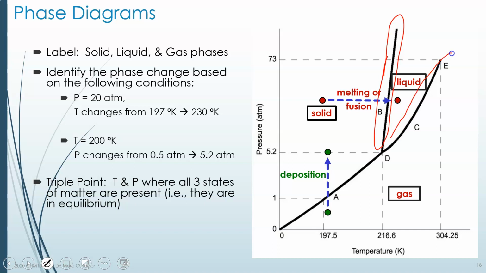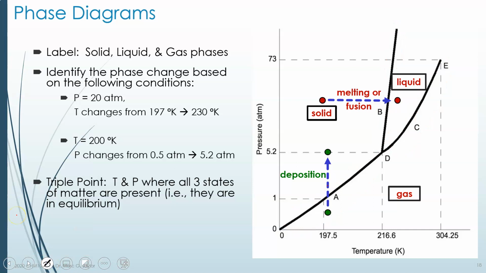If you're over here, you're in a place that can have both the liquid and gas present. In other words, this pressure and this temperature right here corresponds to a state that can have both liquid and gas present. In fact, that would be the boiling point for that particular pressure. Whereas points over here on this part of the line represent temperatures and pressures where both solid and gas can coexist.